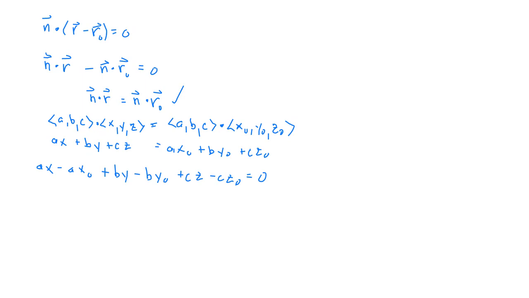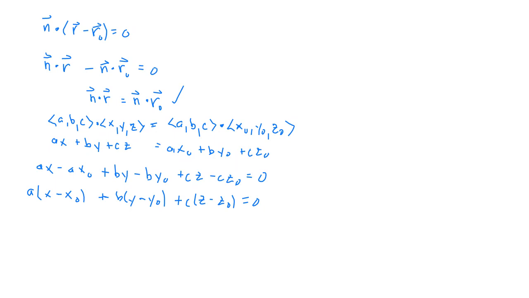And when we do that, we end up getting A times x minus x sub 0 plus B times y minus y sub 0 plus C times z minus z sub 0 equals 0.